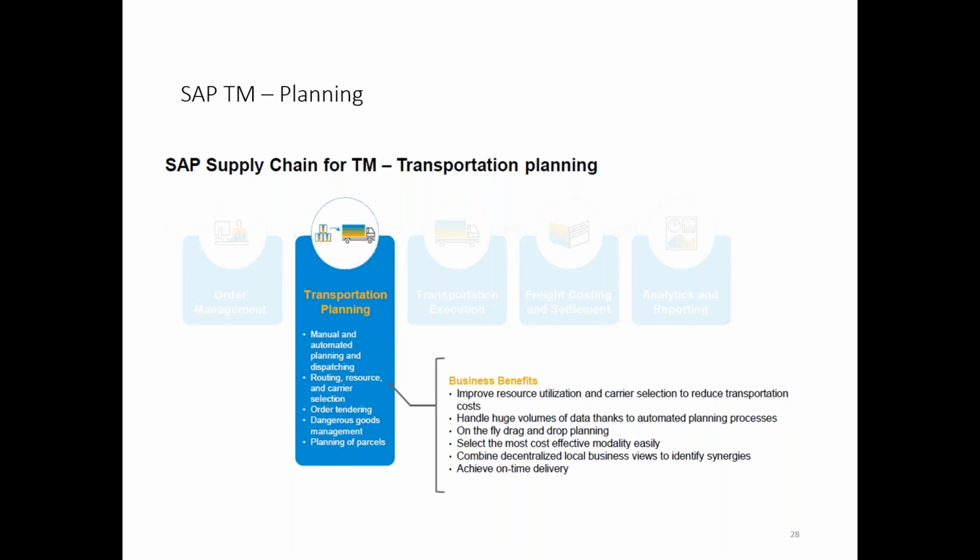Now, coming back to transportation planning, what exactly do we do here? Basically, we need some kind of planning when we are trying to ship goods from one place to another. For example, if you want to transfer your goods from Germany to somewhere in the USA, then how will you plan from your shipping point to a specific hub, from that hub to the destination hub, and from the destination hub to the customer's location?